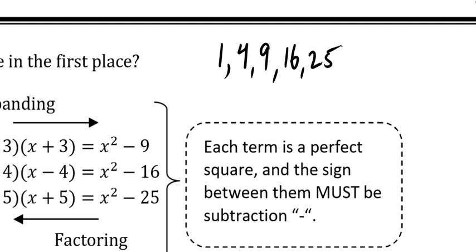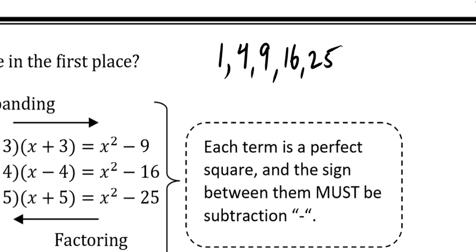If I take the square root of 9, it's going to give me a whole number, 3. If I take the square root of 16, it's going to give me a whole number, 4. If I take the square root of 15, it's going to give me something else, a decimal. A number that you take the square root of, and it gives you a whole number, an integer, is called a perfect square. So you notice these are all perfect squares.